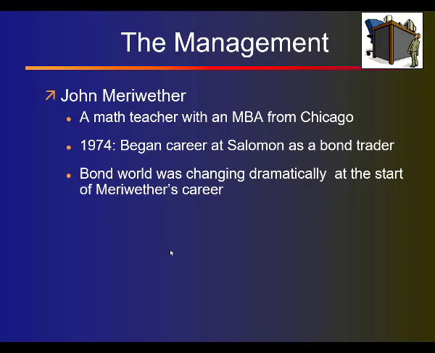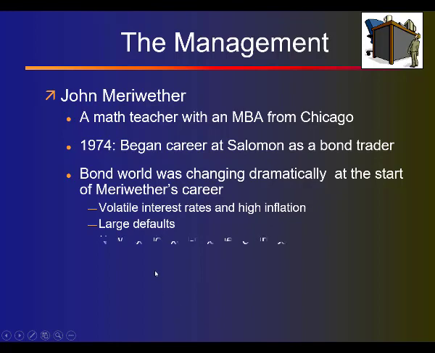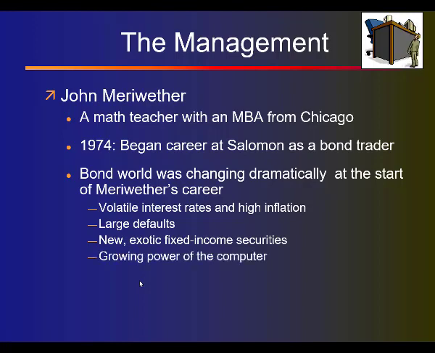And so here you have this firm coming in with all these math people walking into a bond world that was very unquantified, very old school. And boy, they could definitely take advantage of it. Interest rates were really volatile. Inflation was really high. There was a lot of defaults. There were new exotic things, like mortgage-backed securities, coming into play. No one knew how to manage those.